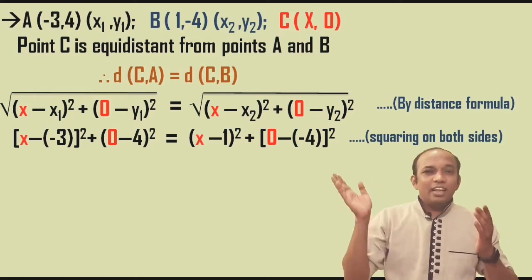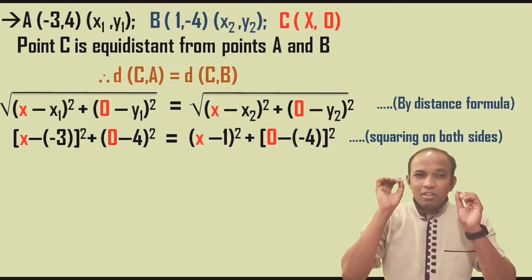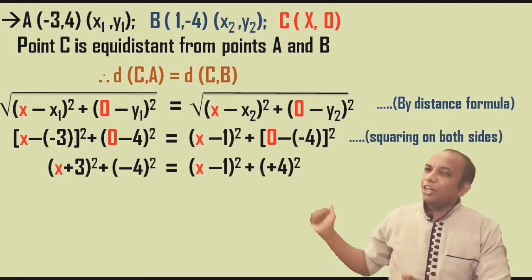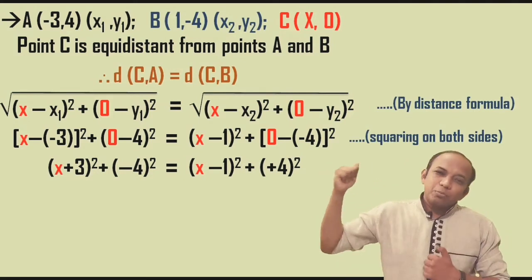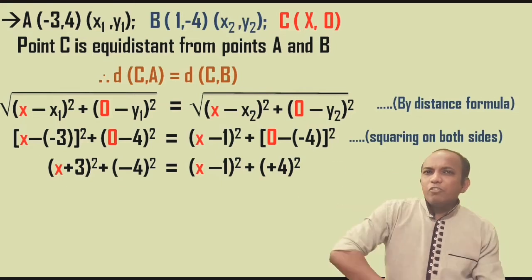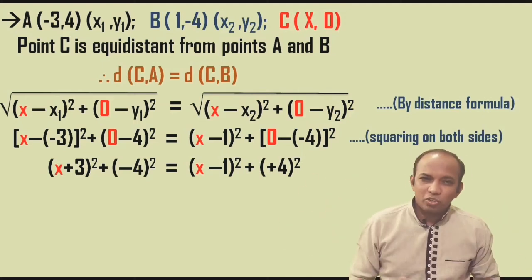The root is cancelled. Next step, now observe the values. We are left with x plus 3 the whole square plus negative 4 the whole square, and on the other side we have x minus 1 the whole square plus 4 square. Negative 4 square and 4 square both will result in 16, the way you are looking on the screen.